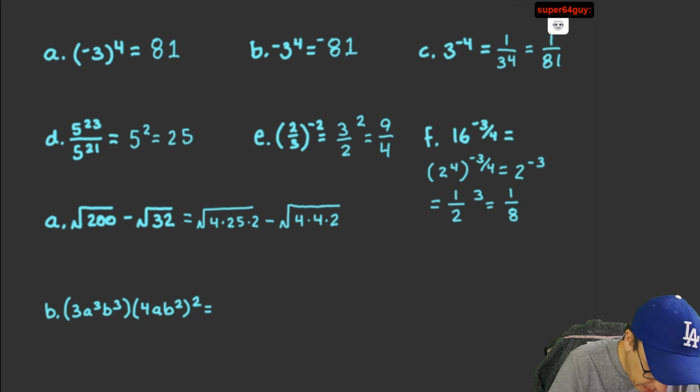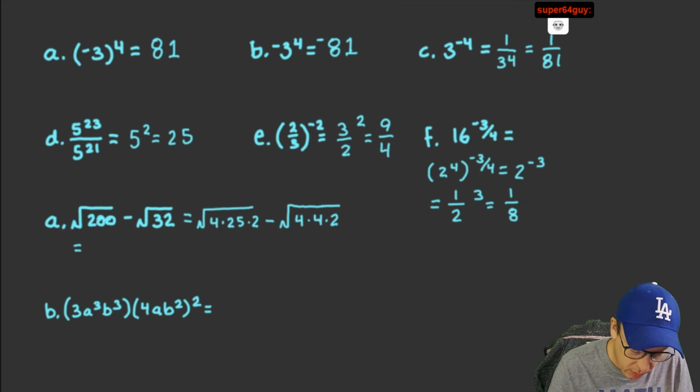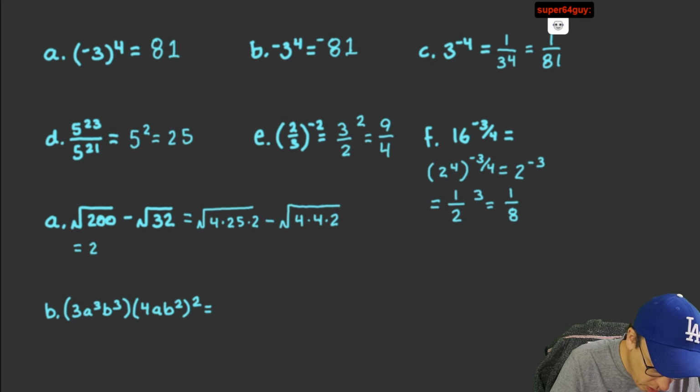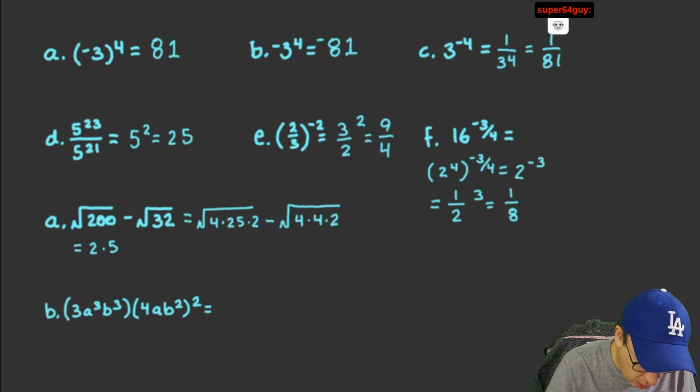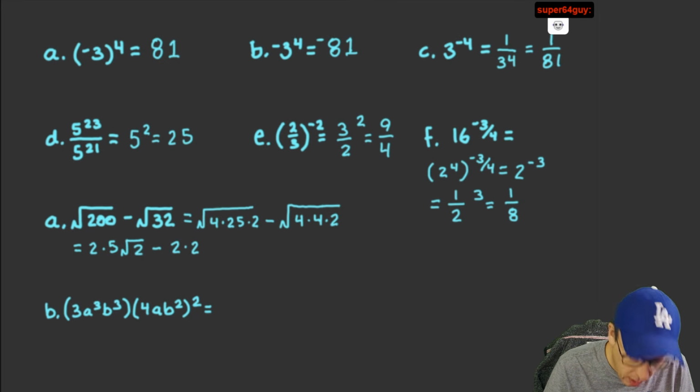Since we are trying to get rid of those square roots, this is going to convert down into 2 times 5, though we're not going to be able to get rid of the 2, so we'll just leave that where it is, minus 2 times 2 and square root of 2.